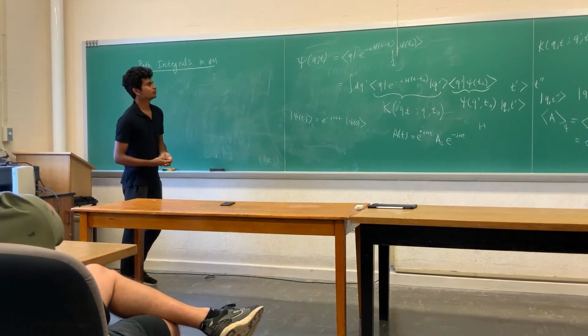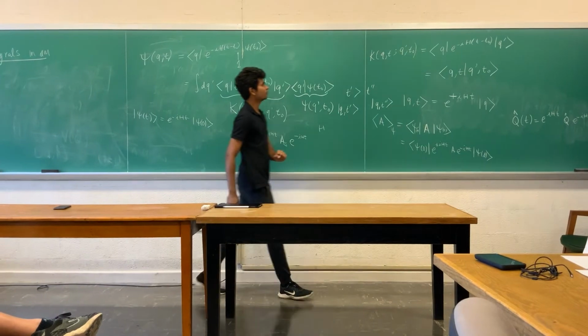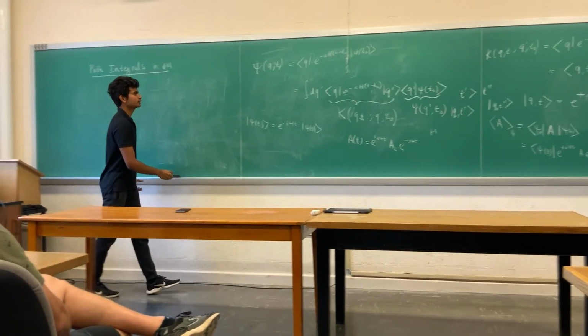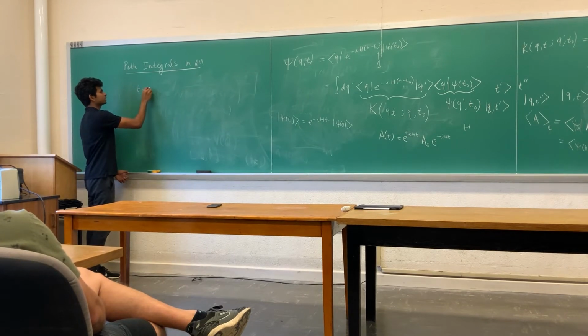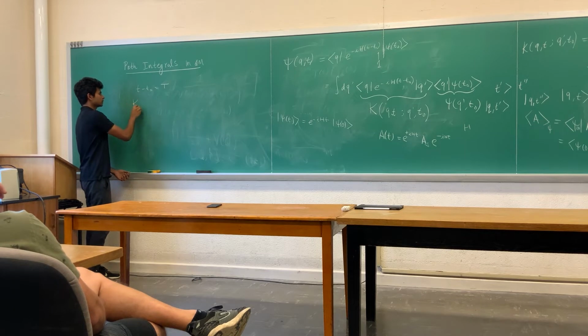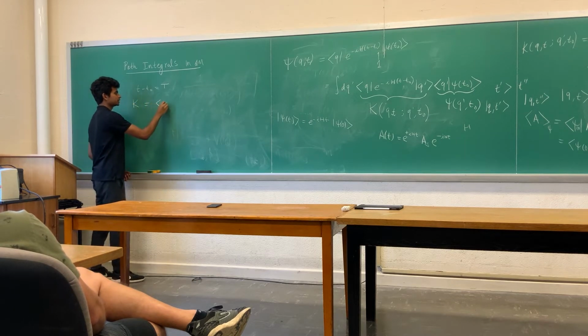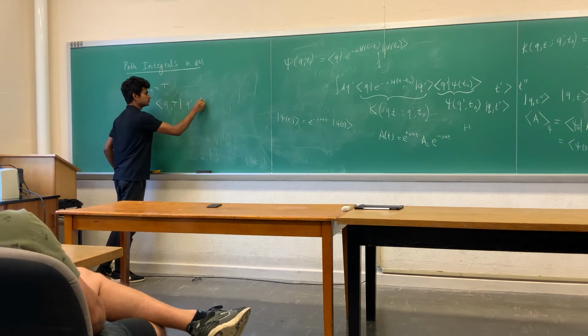Alright, so we want to find out this thing. The way we do it is the following. Let me simplify my life by denoting P minus Q as big T. So the propagator I'm trying to find is this, Q prime 0.